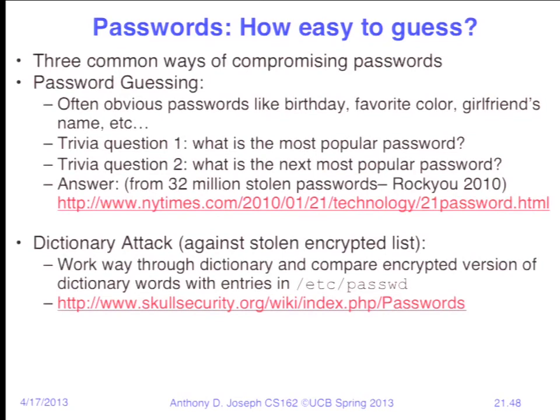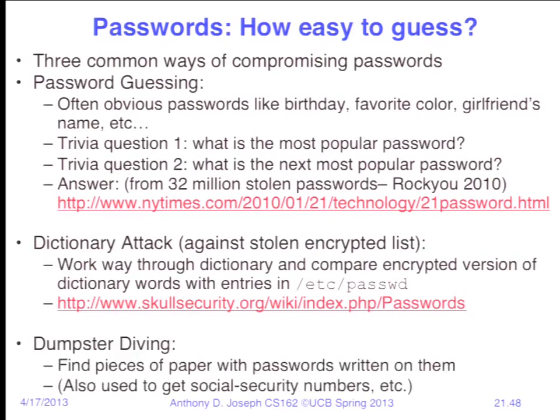Okay, so another common attack is dumpster diving, right, which is basically finding pieces of paper with their passwords written on them. So again, don't try this at home, but after people log in the labs with their little 162 or whatever forms, they may just drop them in the recycling bin. And that has the password. Hopefully they've changed it.